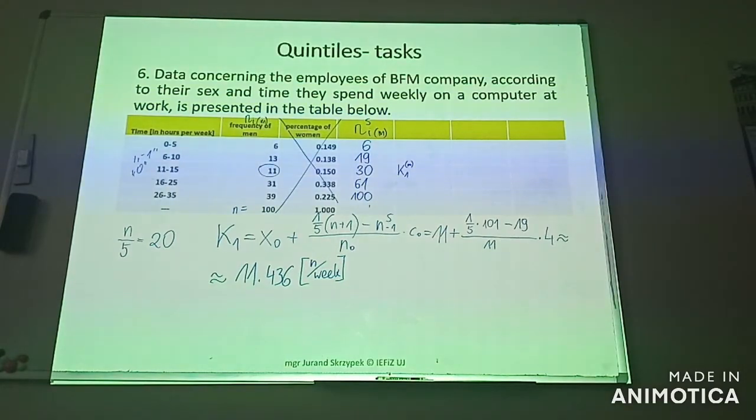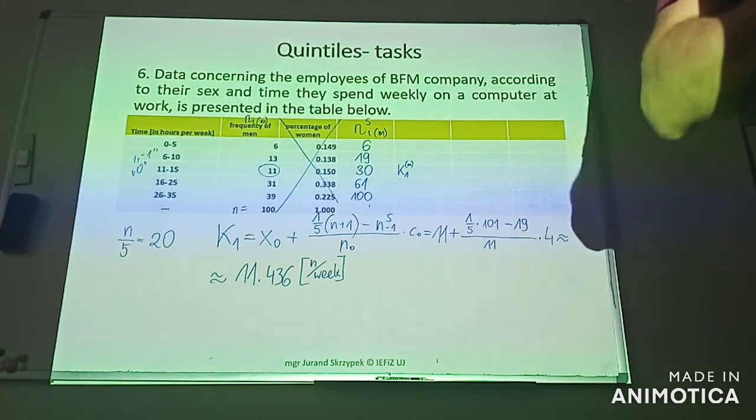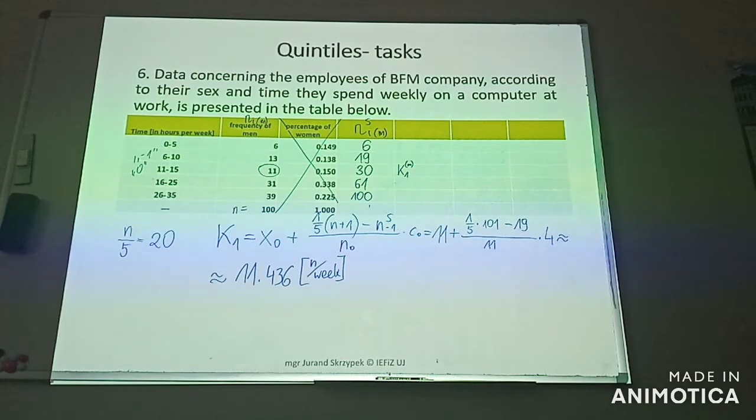This is the first quintile of time spent at the computer for men.